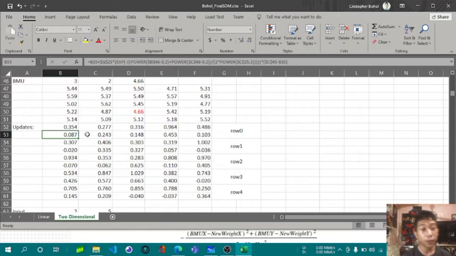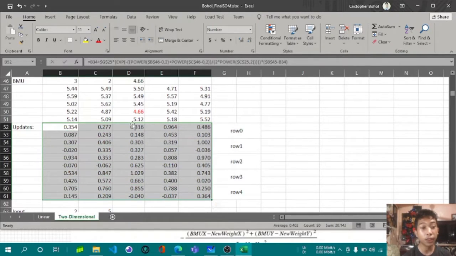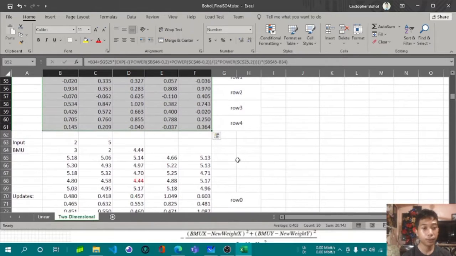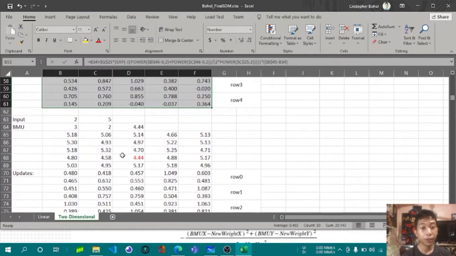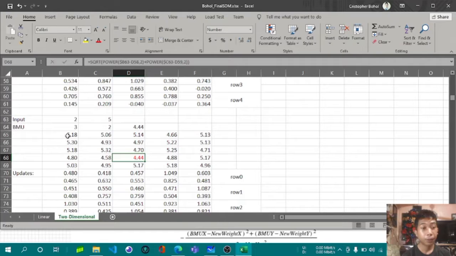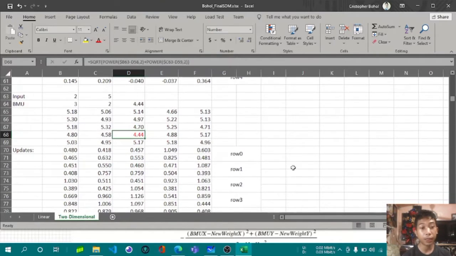So when we select another input, we will be using this instead of using the first initialized values of the weight of the neuron. So here my minimum neuron value is 4.44. So I use the index so that I can update my weight and use it again.